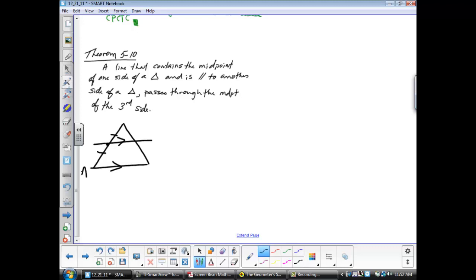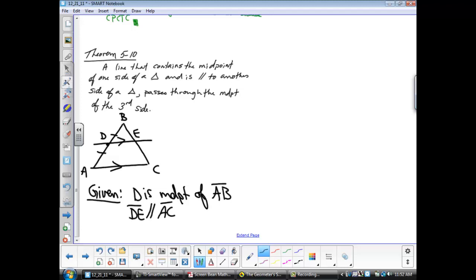So labeling what we have, given is that D is the midpoint of AB and DE is parallel to AC. What I want to prove is that E is the midpoint of BC.